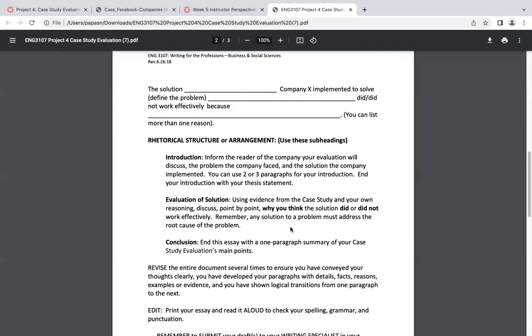And this assignment will help you evaluate solutions for a different company and from a provided case study. So I just wanted to give you a sense of how these things are actually interconnected.